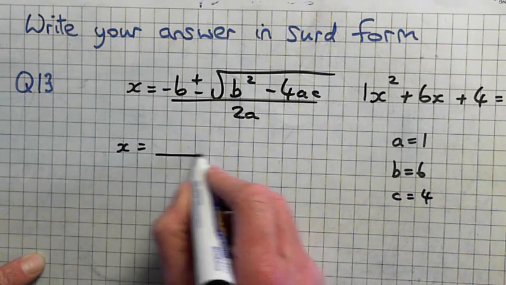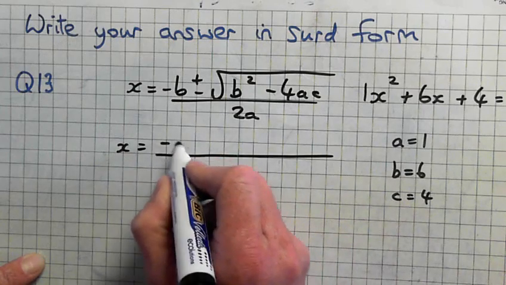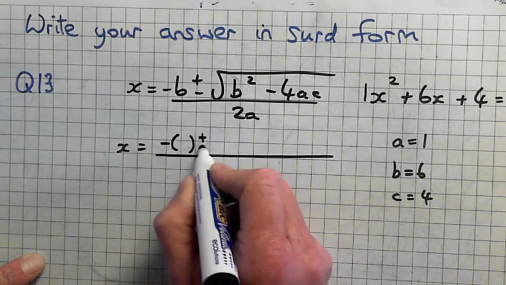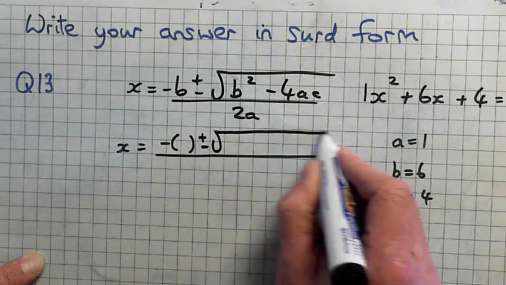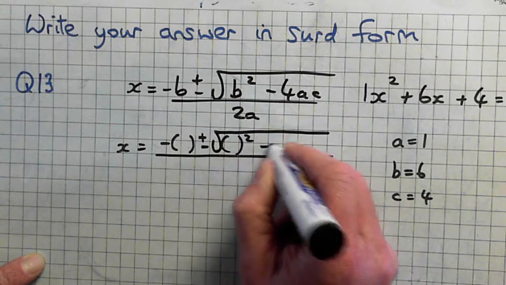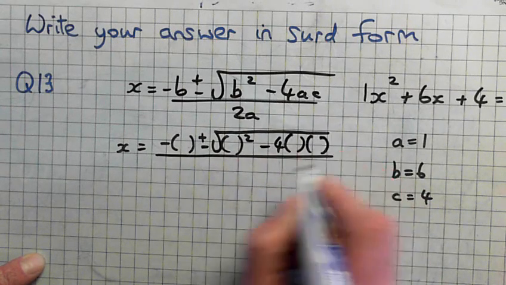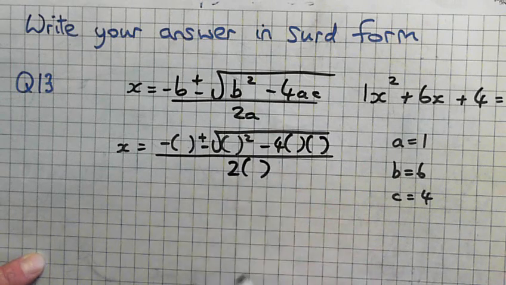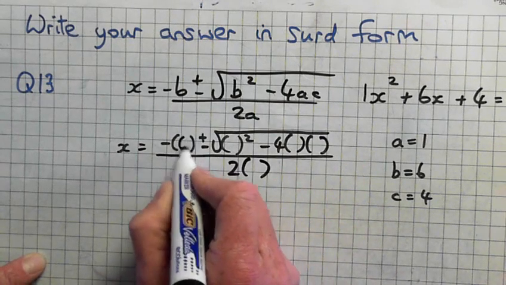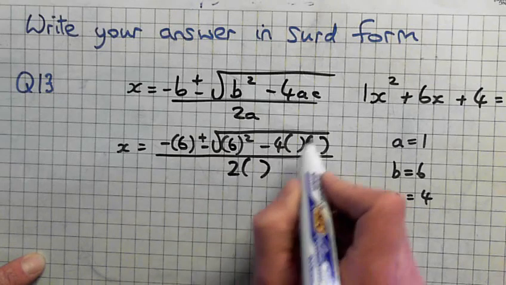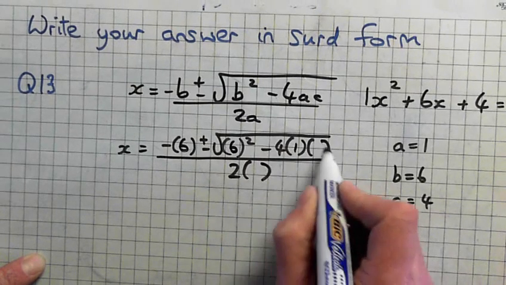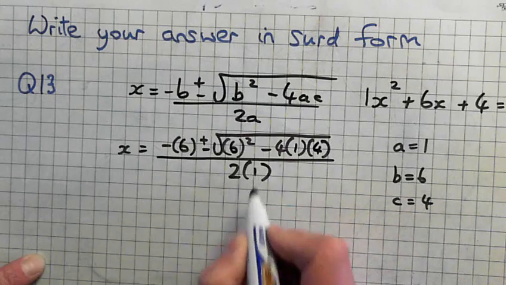Right, the next step, to make sure you don't make any mistakes, is to replace all the letters with brackets. Now b is 6, a is 1, c is 4, a is 1.